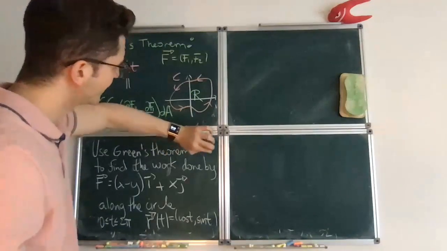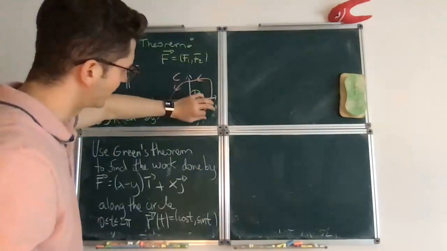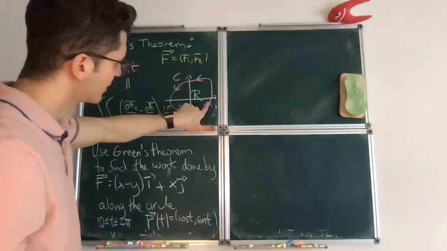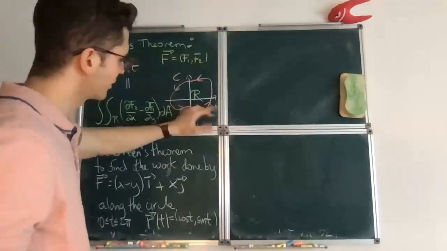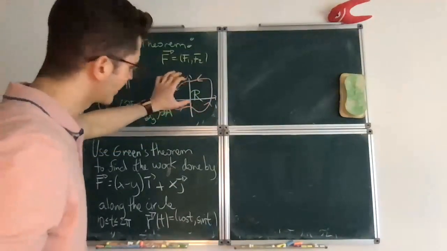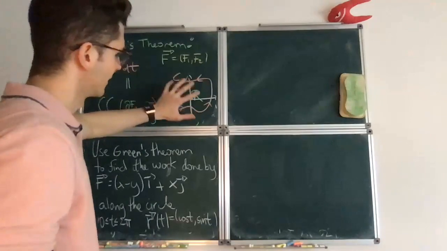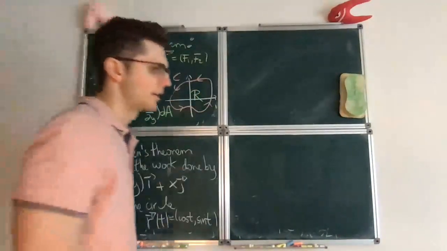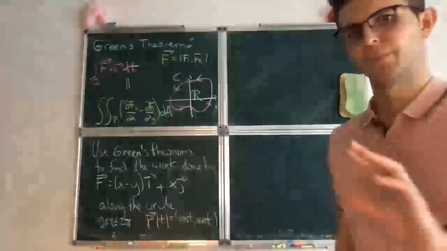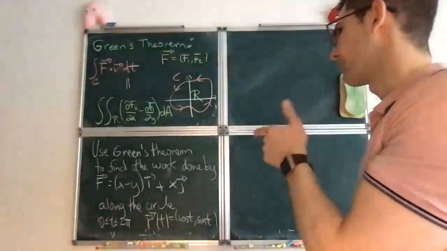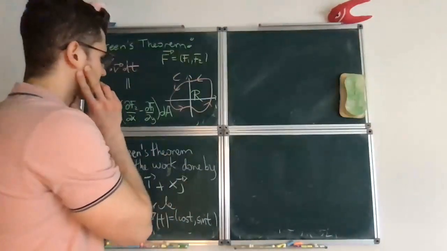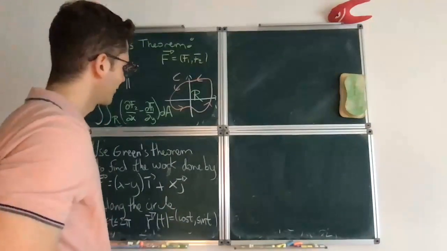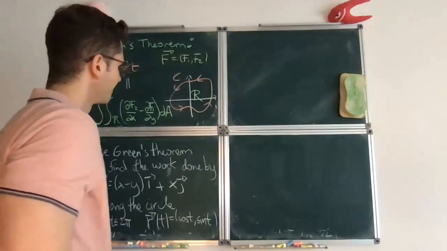The curve is being traveled by an observer in such a way that as you move along this curve, the region enclosed by the curve is to your left. Another way to say that would be, in this example, counterclockwise, although in general you have to be a bit more careful about that.